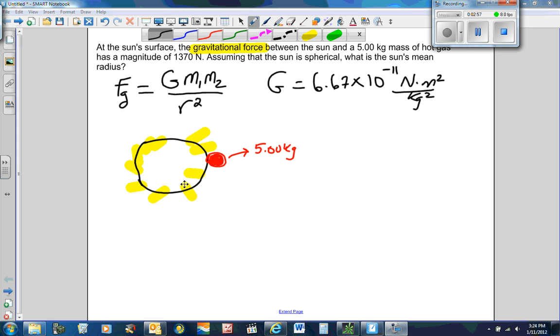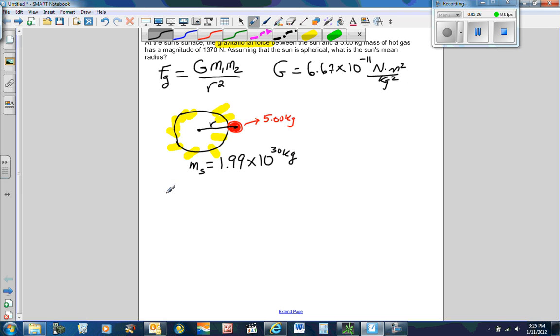Here it is. So the mass of the sun is 1.99 times 10 to the 30th kilograms. So there's my numbers, and I'm wanting to know what's the distance from here to there, r. That's the question they ask us, all right?